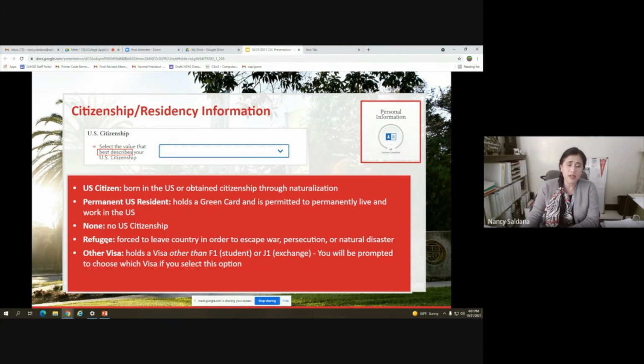If you meet the criteria of refugee, forced to leave the country in order to escape war, persecution, or natural disaster, you're going to indicate refugee. Or if you have an F1 or a J1 visa, you're going to put other visa.